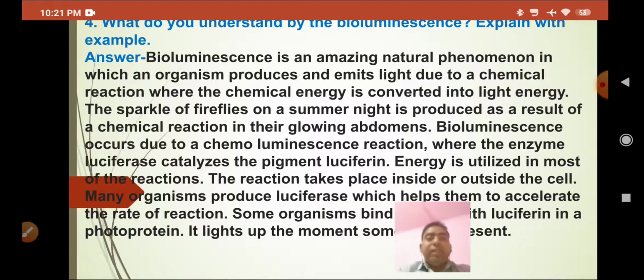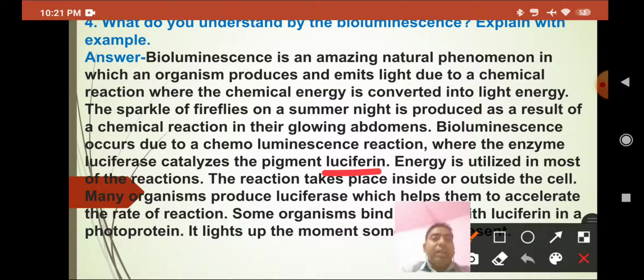In the presence of oxygen, when it is oxidized, and with an enzyme that helps to catalyze, that enzyme is luciferase, it gives light. In this, chemical energy is converted into light energy. Luciferase catalyzes the pigment luciferin.